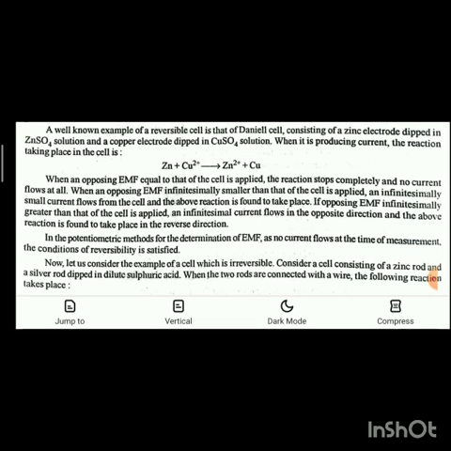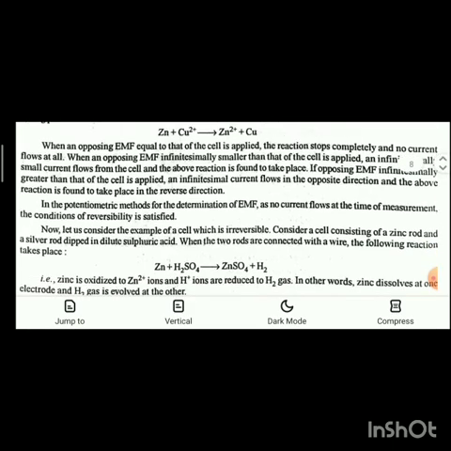When an opposing EMF smaller than that of the cell is applied, a small current flows from the cell and the above reaction is found to take place. If an opposing EMF greater than that of the cell is applied, an infinitesimal current flows in the opposite direction and the above reaction is found to take place in the reverse direction.